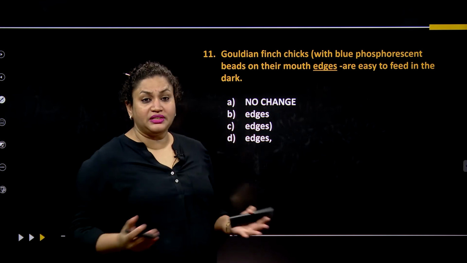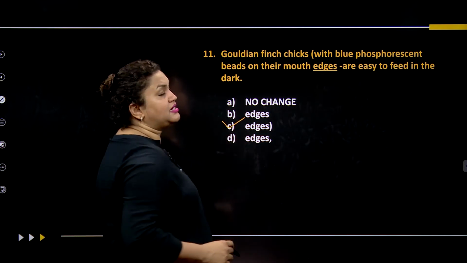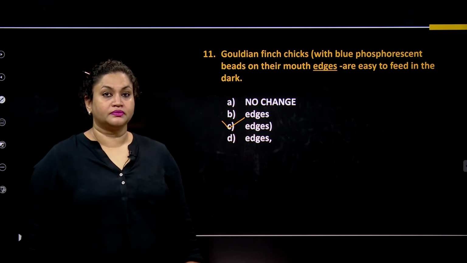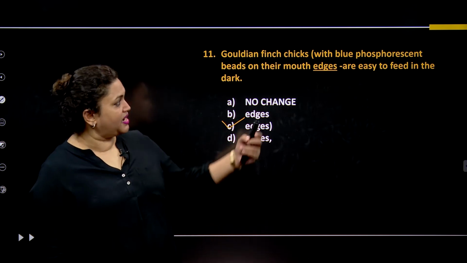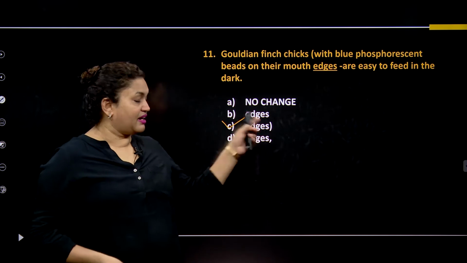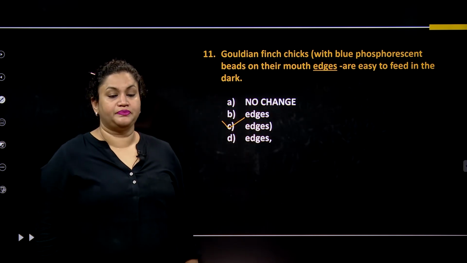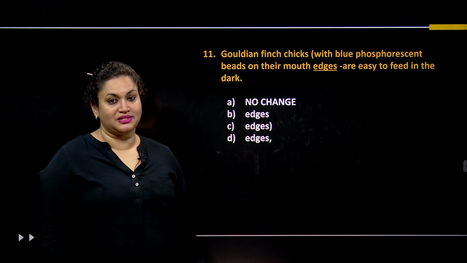Therefore, without doubt, this does not even require 30 seconds to understand, to take C as the right answer. I don't think it requires any explanation. Whenever you have a starting bracket, definitely you require the ending bracket too. Therefore, this is the right answer. We will not even work out for the other options because that is only the answer.